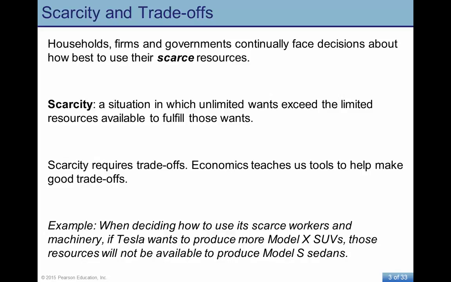Scarcity requires trade-offs. Economics teaches us tools to help make good trade-offs. Example: when deciding how to use its scarce workers and machinery, if Tesla wants to produce more Model X SUVs, those resources will not be available to produce Model S sedans.